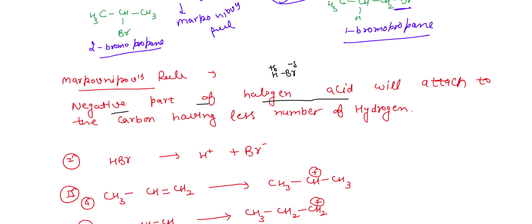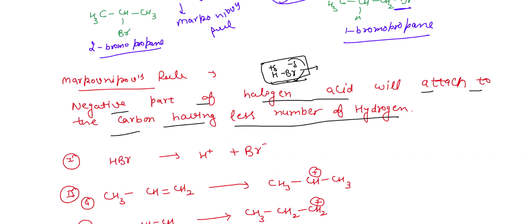Bromine has electron-withdrawing nature, so it carries the partial negative charge. That's why it is known as the negative part in the halogen acid. So the Br negative will attach to that carbon which has fewer hydrogens on the alkene.